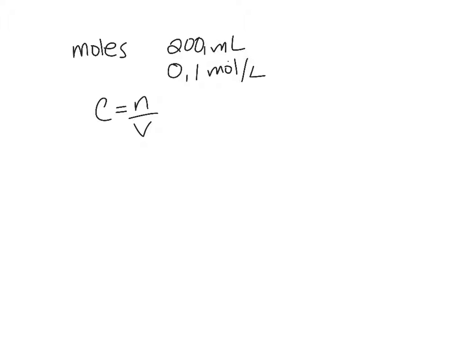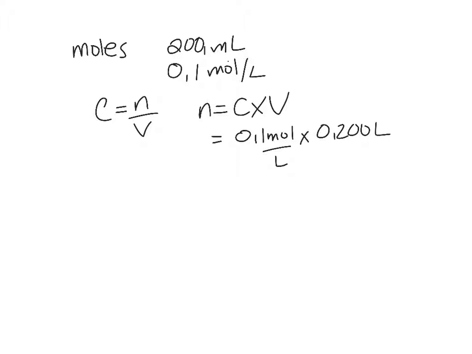So it would be C times V. Yeah, C times V. 0.1 mole per liter times 0.2 liters.